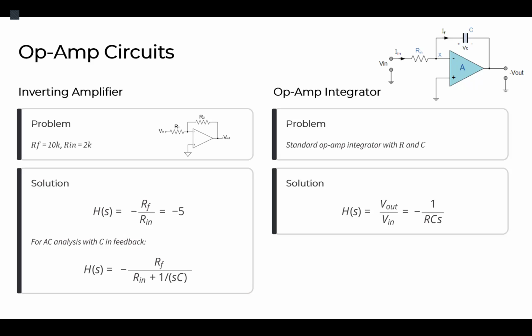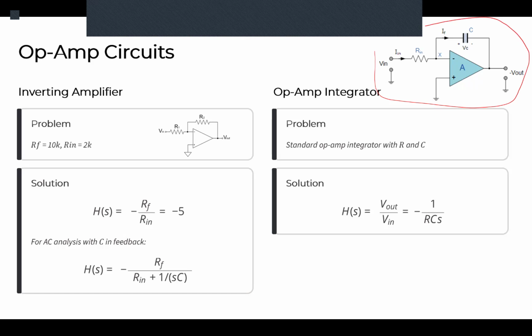Now, from the op-amp in an inverting amplifier, we inject the input through a resistor to the inverting terminal of the op-amp. We ground the non-inverting one, and we make a feedback from output to the inverting terminal.